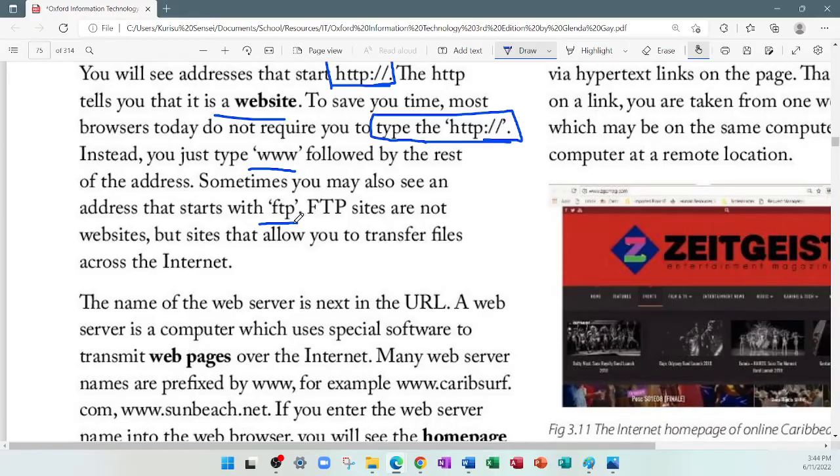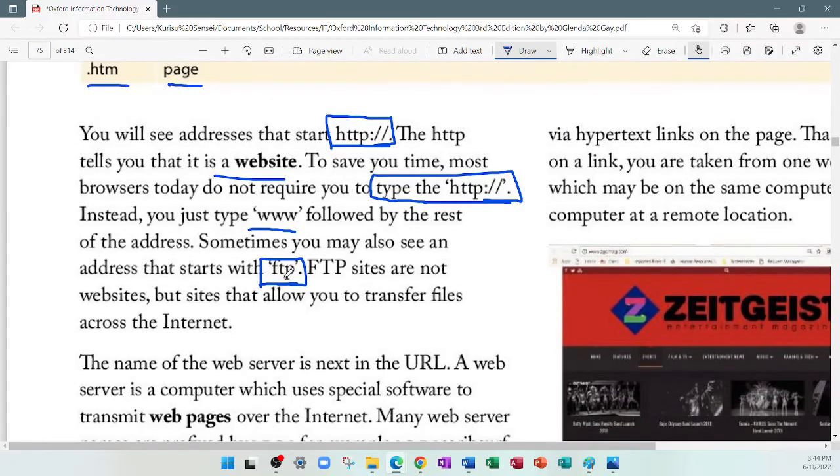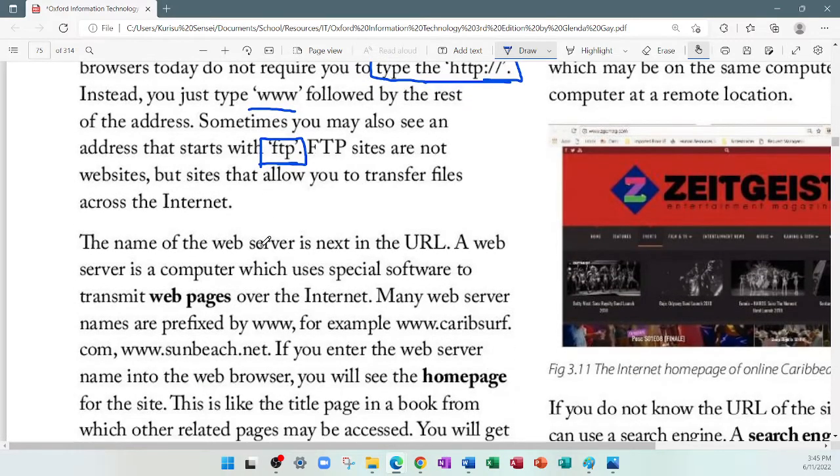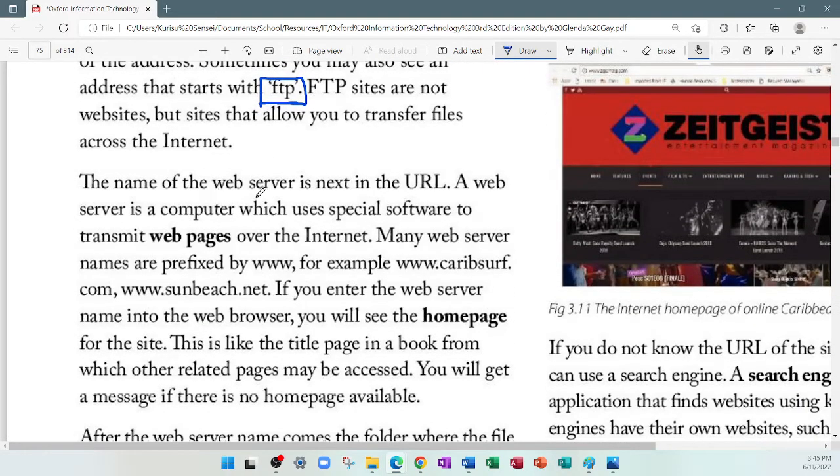So say for instance, if you want to access the file transfer part of the website, you would need to start typing FTP colon backslash backslash instead of HTTP. Now, as mentioned already, the name of the server is in the URL, which is facebook.com, youtube.com, and so on.